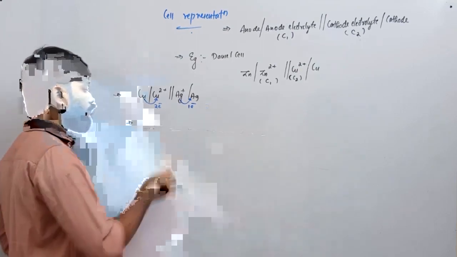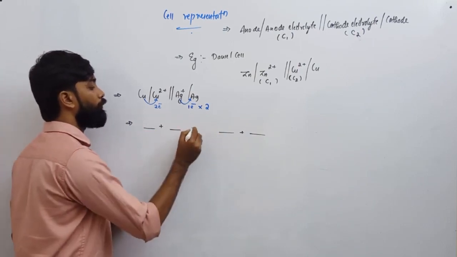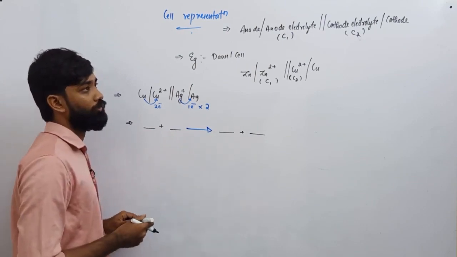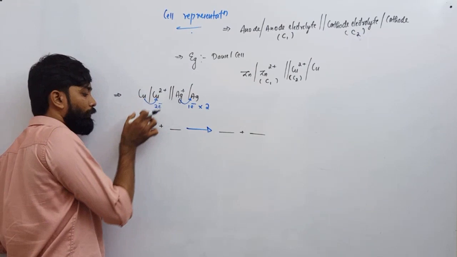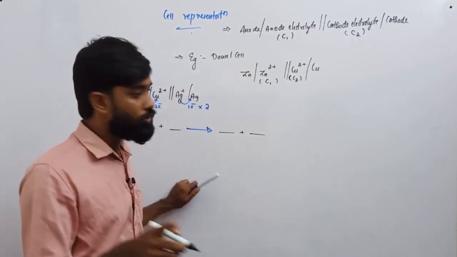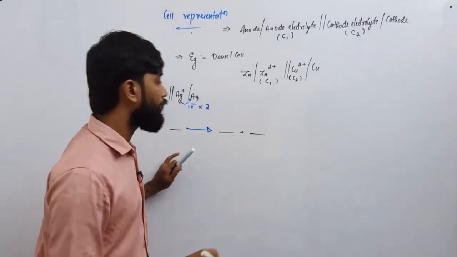So which one you have to put before the reaction and which one you have to put after the reaction? That is the only question. You should choose one component from the anode and one component from the cathode.